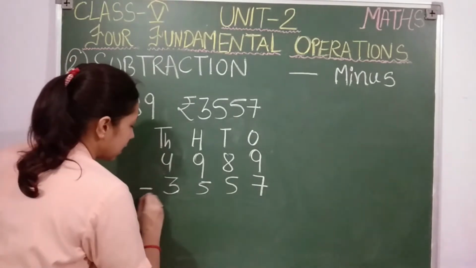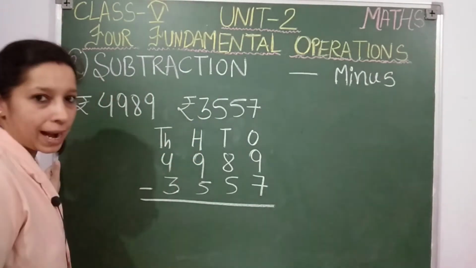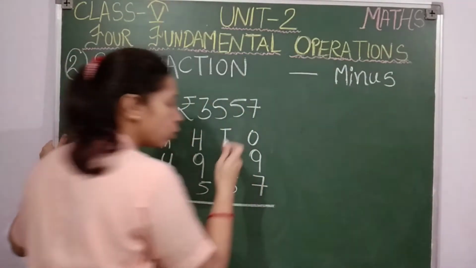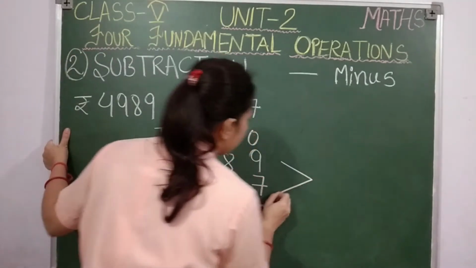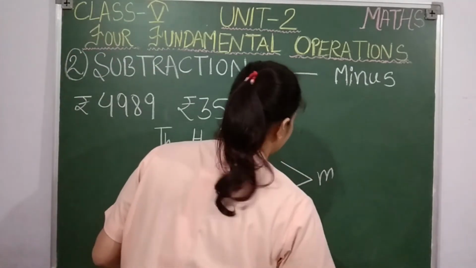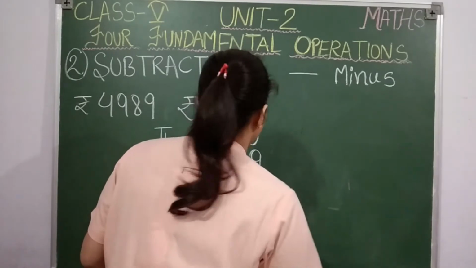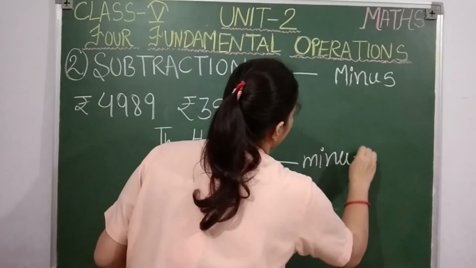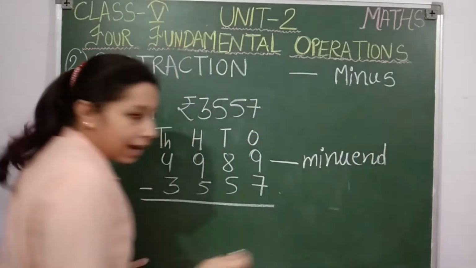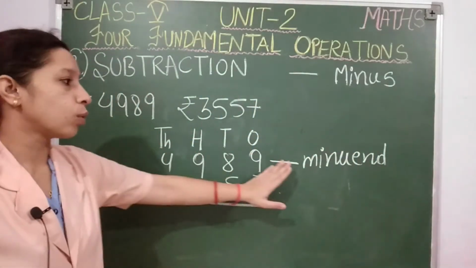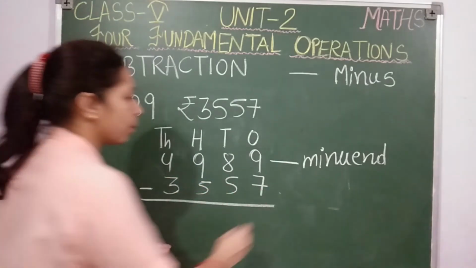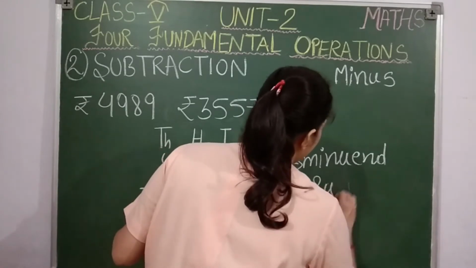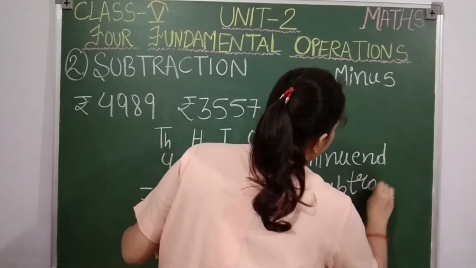Now I will put the minus sign and I am going to subtract them. See, students, whenever you subtract two numbers, the first number is known as minuend and the smaller number which is being subtracted is known as subtrahend.